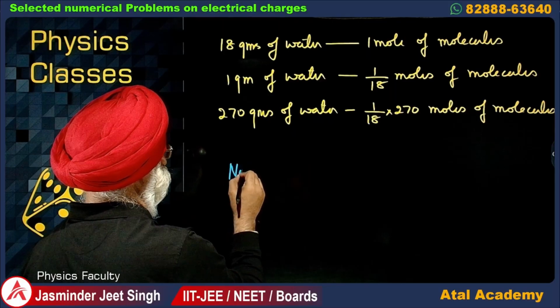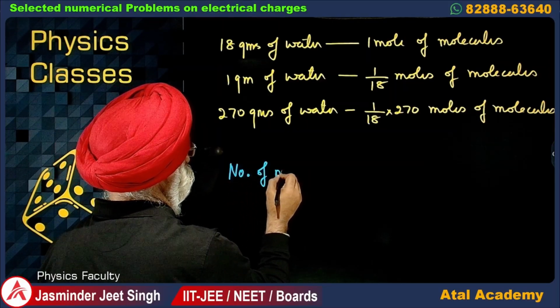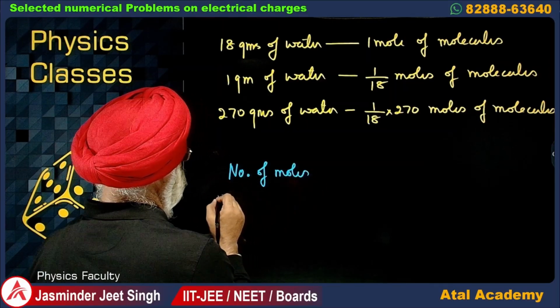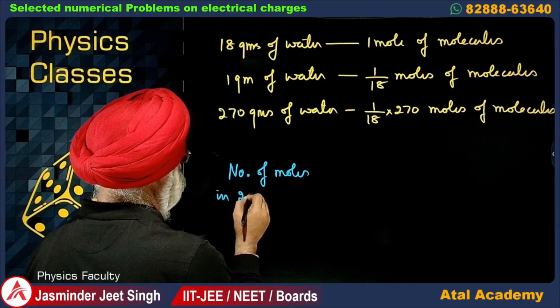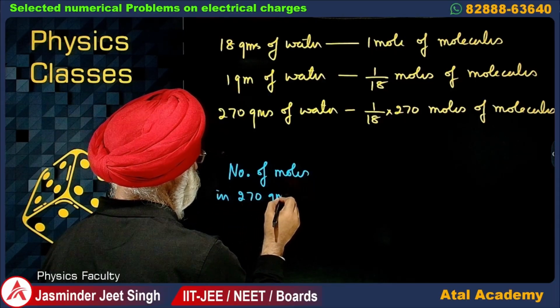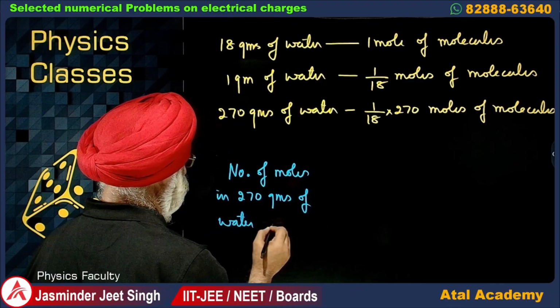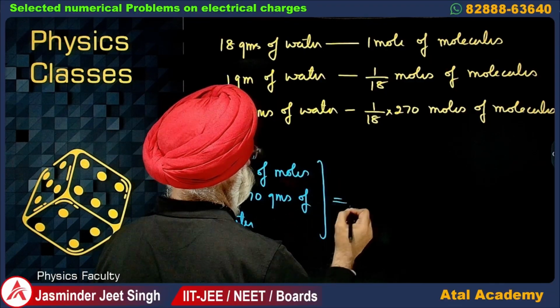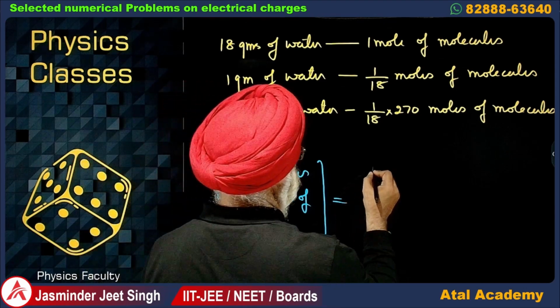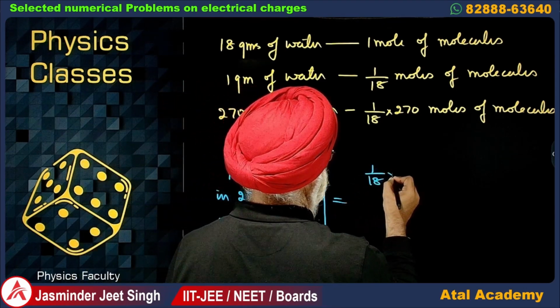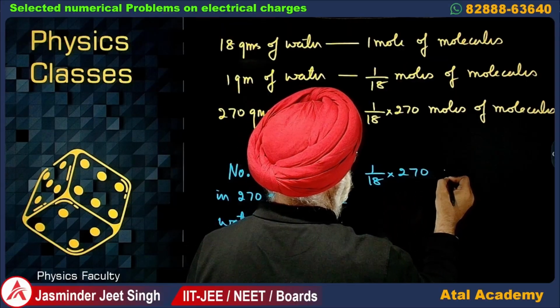Number of moles in 270 grams of water is equal to 1 upon 18 into 270.